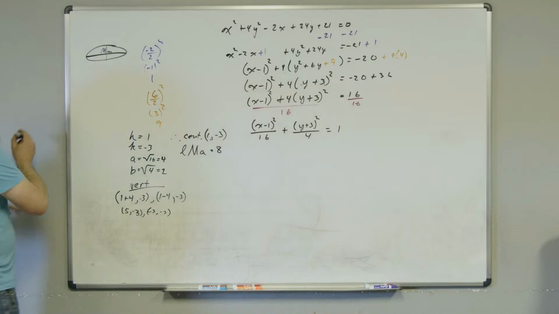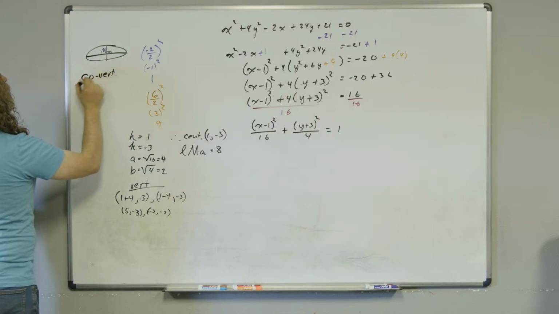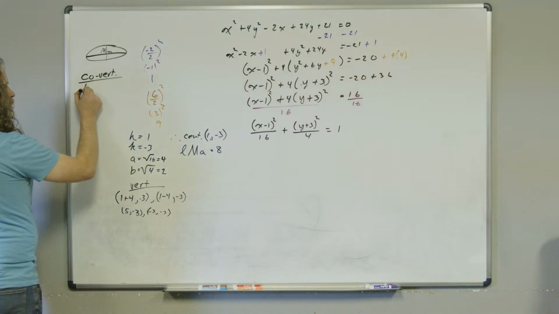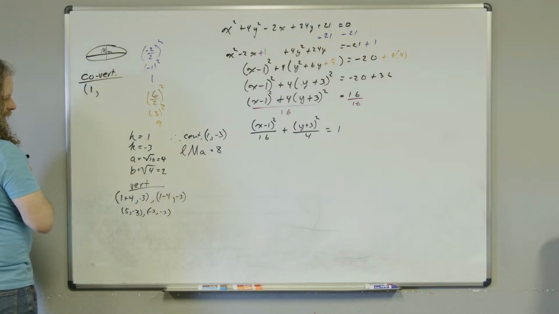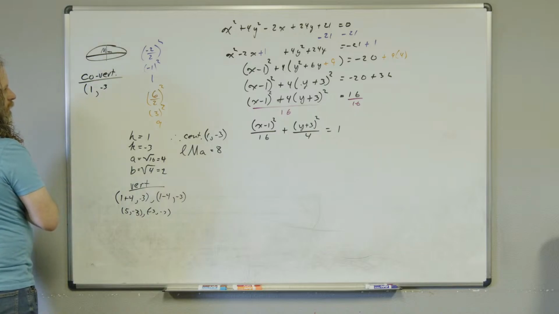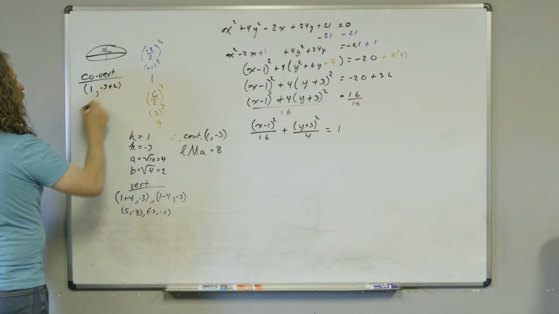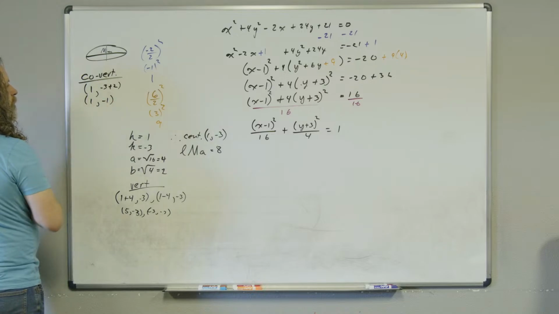Let's do covertices. How do we find the covertices? H, K plus or minus B. Okay, so 1, negative 3 plus 2, so 1, negative 1.